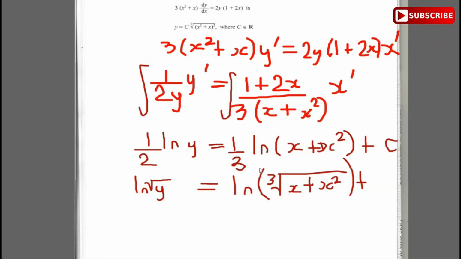So instead of writing a constant as c here, I'm going to call it c1, then plus ln c, where ln c is equal to c1.